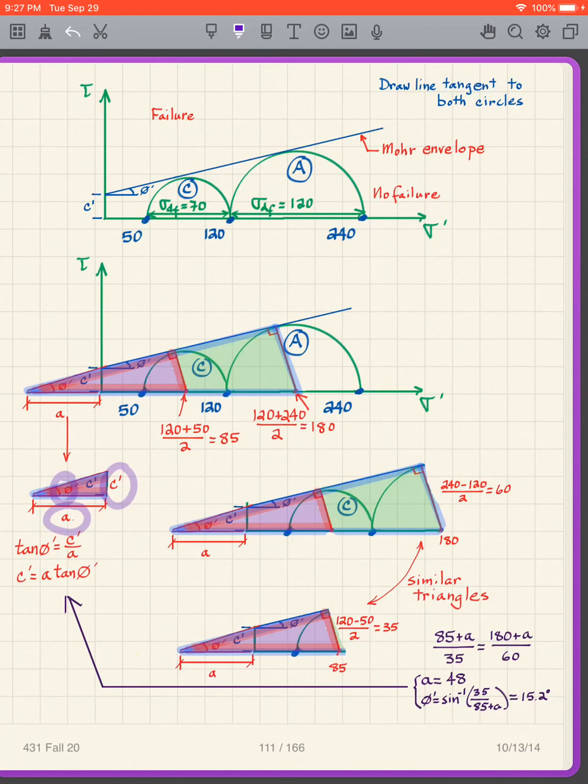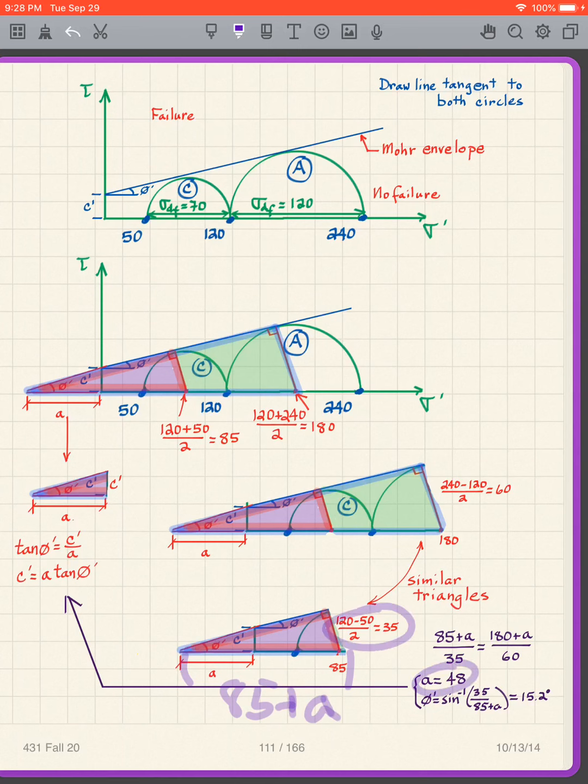I'm going to use that as well as this triangle here. So let's look at this triangle here. This distance is 85 plus A, and I know what A is. It's 48.